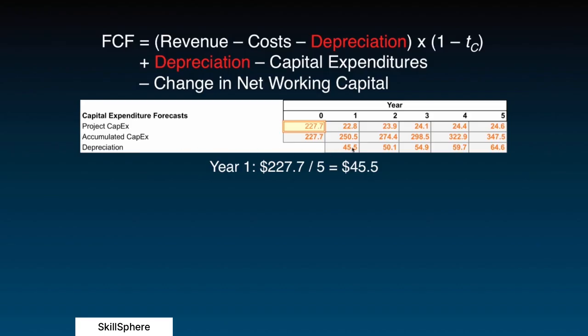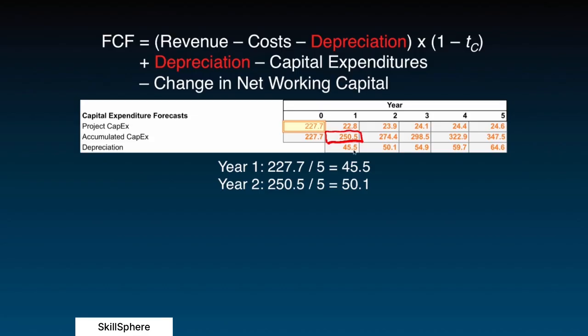And to compute the depreciation, I can simply divide last year's accumulated capital expenditures by 5. So the 45.5 in year one comes from 227 divided by 5. Year 2, 50.1 comes from the 250.5 divided by 5.